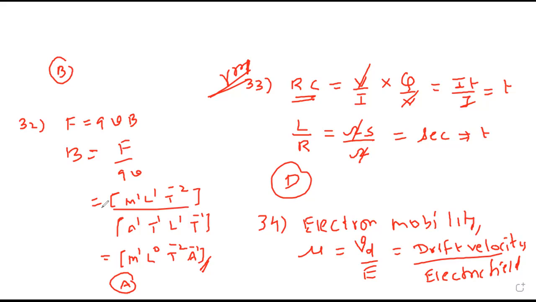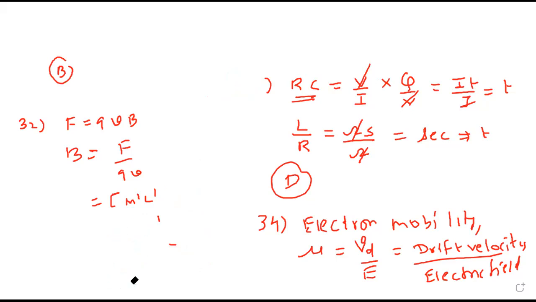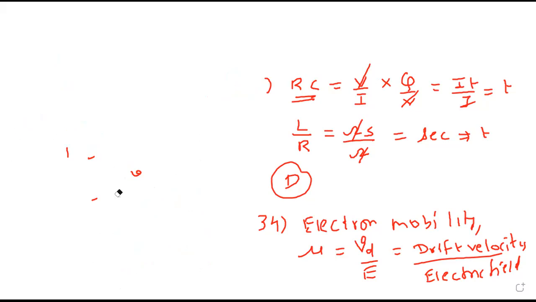Done? Next line, how to get, we'll see. They want unit. See, they don't want dimension, they want unit this time. What is the unit of velocity? Meters per second. Correct, its SI unit is meter per second. Electric field you might not know right now.